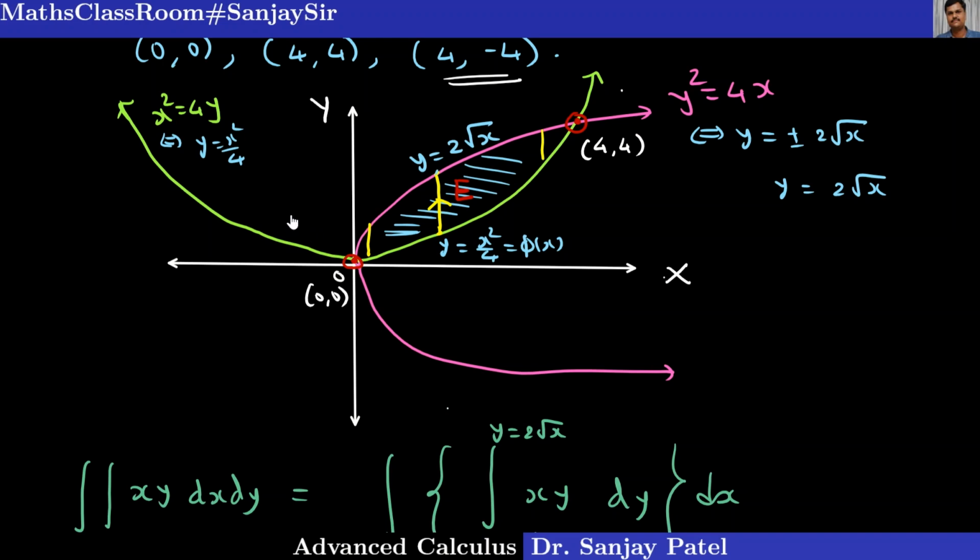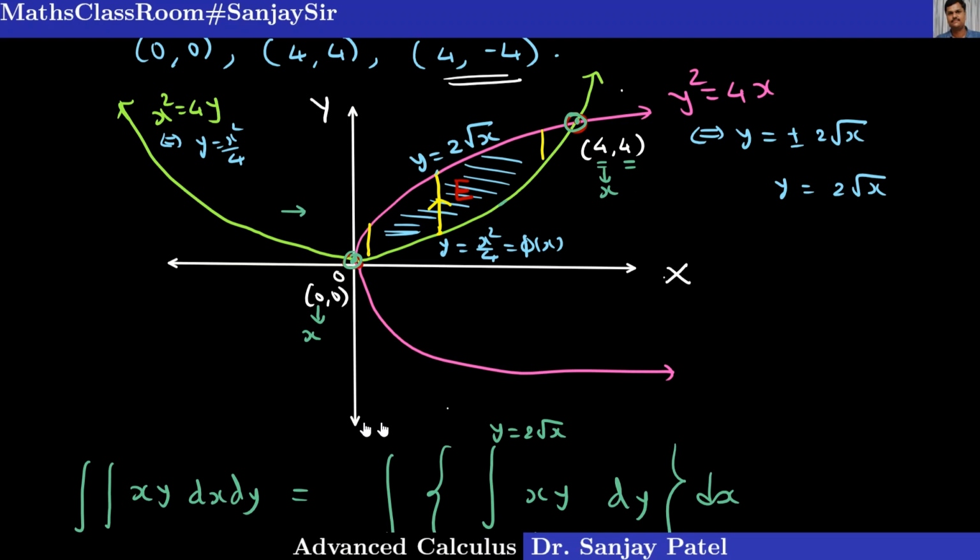When you move from left to right, the first point where we enter the region is the origin, and the minimum value of x, in other words, is 0. So x varies from 0, and when you move out of this region, this is not the last point of the region. The last point comes here, and at this point the value of x is 4.